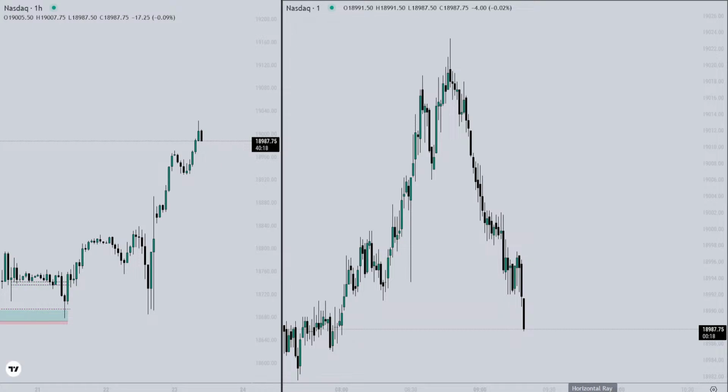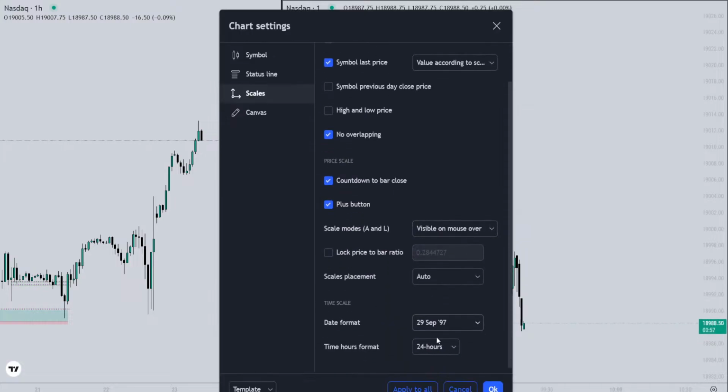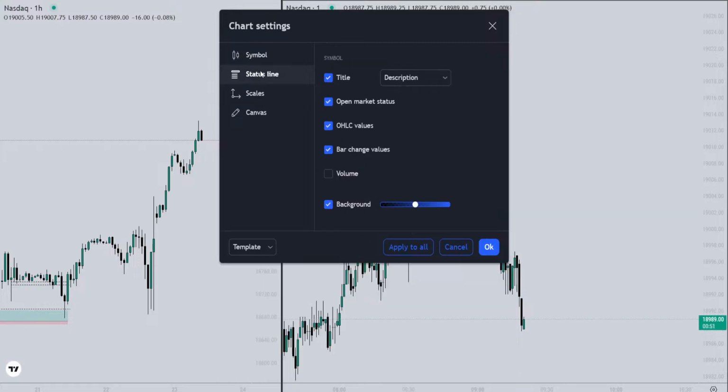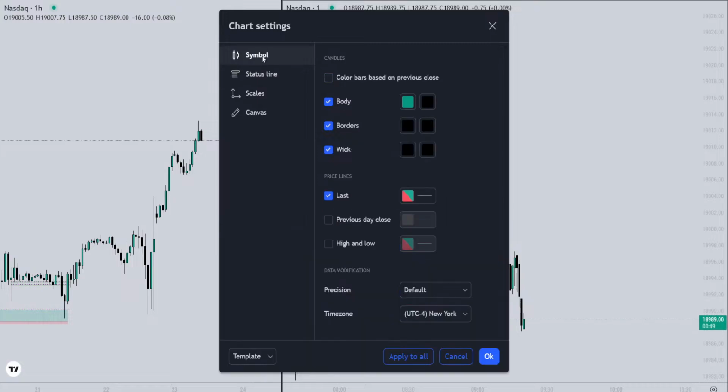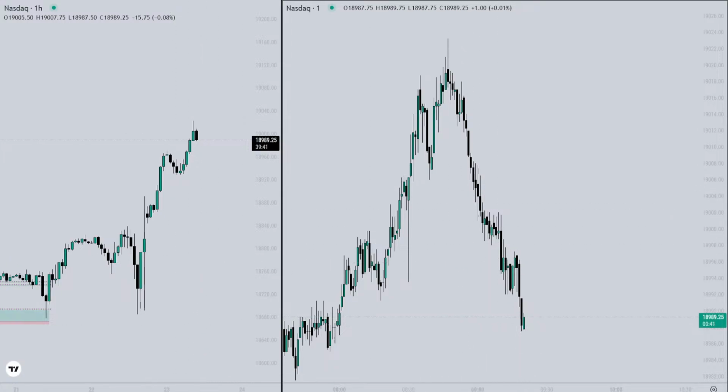Yeah, please let me know if any of you know how to see that. There isn't in settings. There is no option in X. Let me check the settings as well. I don't think they have the option.